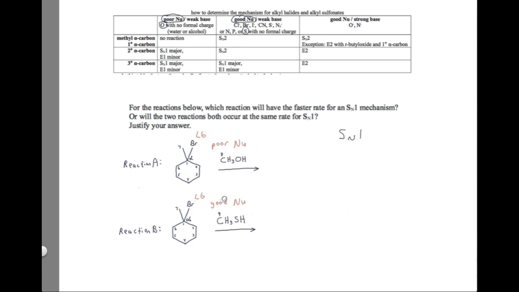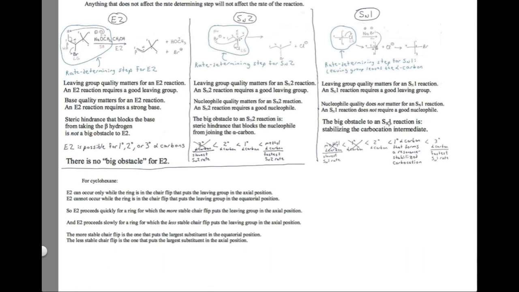So you might think that reaction B should be faster since it has a better nucleophile. But remember, this is an SN1 mechanism, and we've learned, strange as it might seem, nucleophile quality does not matter for an SN1 reaction. Nucleophile quality does not affect the rate of an SN1 reaction.